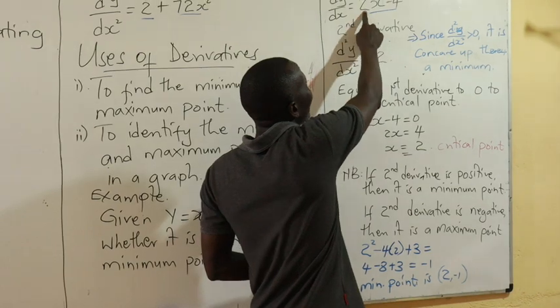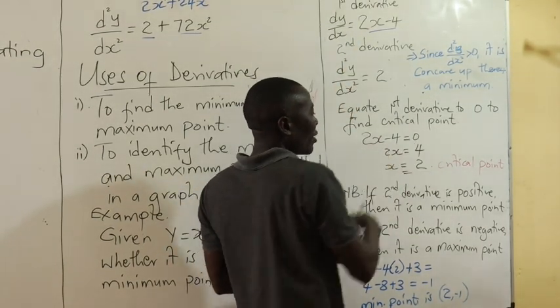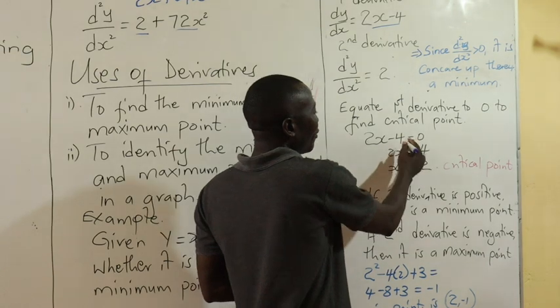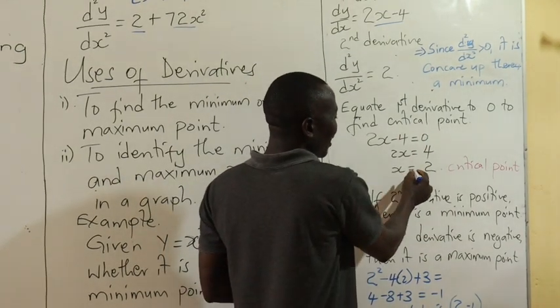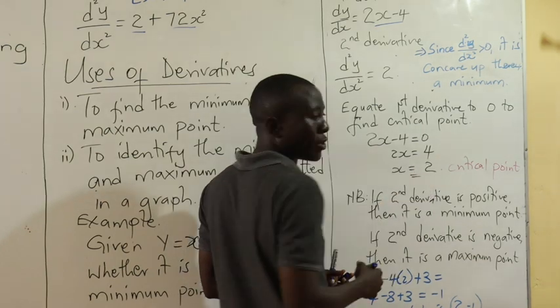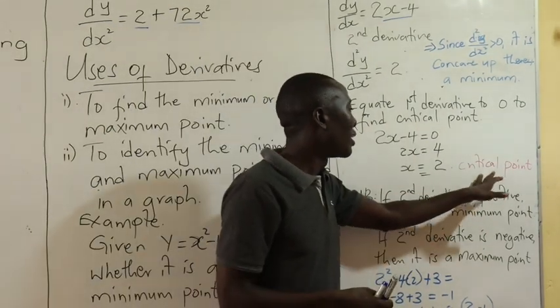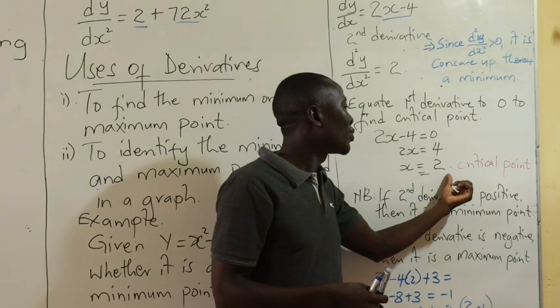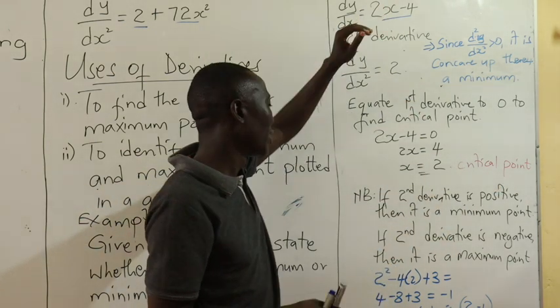The first derivative was 2x minus 4, then we are equating it to 0. When we solve by taking 4 to the other side, we'll get x as 2. So the value of x at that critical point is 2, and therefore x is equals to 2 is the critical point. That is the use of the first derivative.